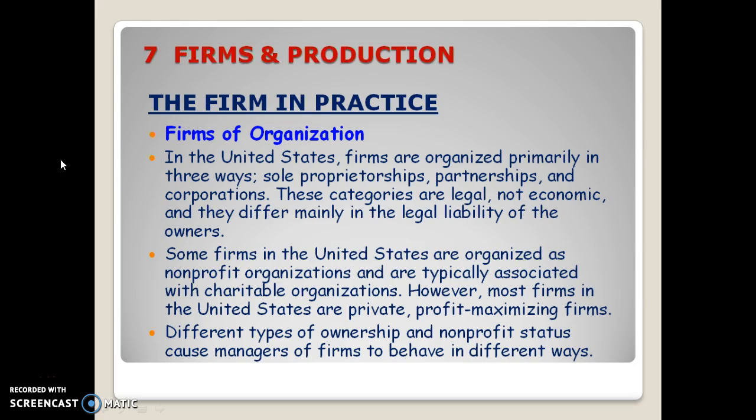A sole proprietorship is a business that's owned by one individual, whereas a partnership is owned by 2 or more individuals, and a corporation is owned by many individuals and has a different structure with a board of governors and CEO. Some firms in the U.S. are organized as nonprofit organizations, but they're typically associated with charities. However, most firms in the United States are private, and they're profit-maximizing firms.